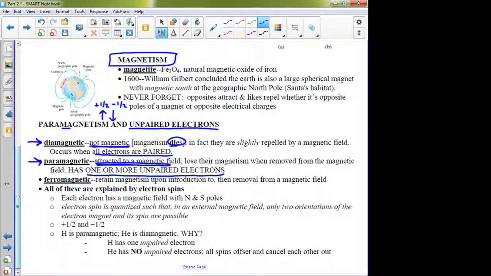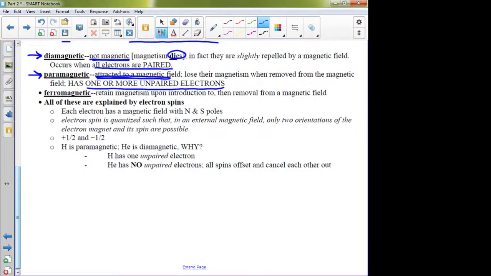So let's talk about this down here. Hydrogen is paramagnetic, so that means it does or does not have a magnetic field? Does. And helium is diamagnetic, which means it does not. Why? Well, if we drew the electron configuration for hydrogen, it would look like this.